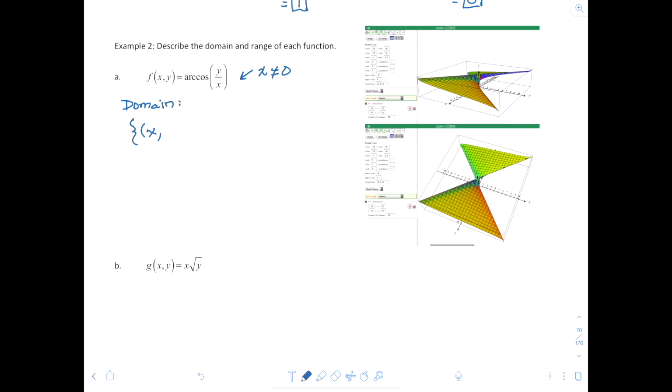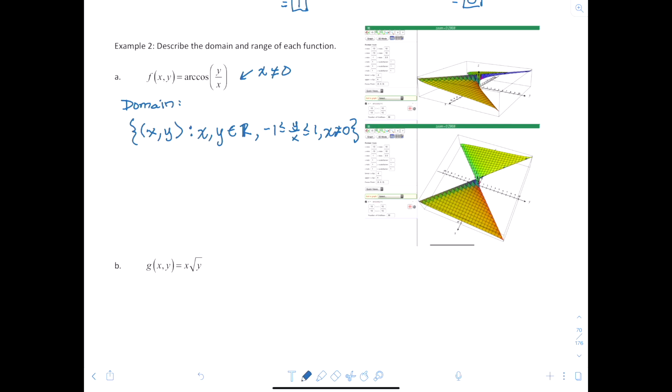So we've got our ordered pair X and Y, right? And such that X and Y are in the set of real numbers. The ratio Y over X is in between -1 and 1 inclusive, and X is non-zero. Cool, cool?